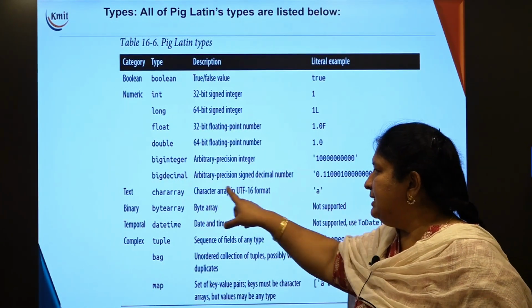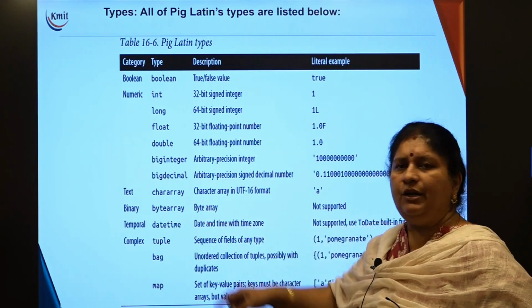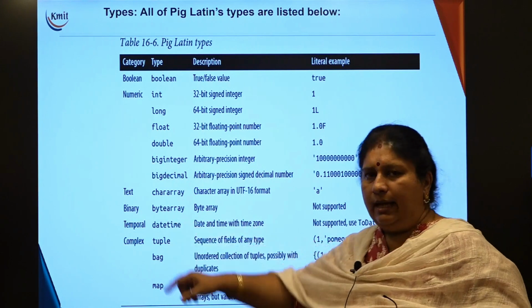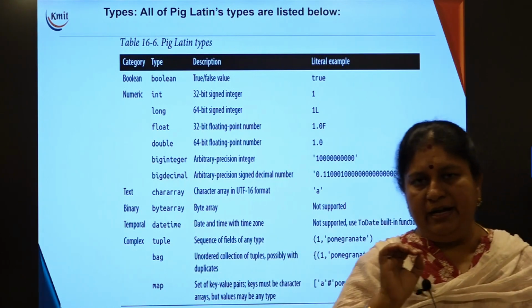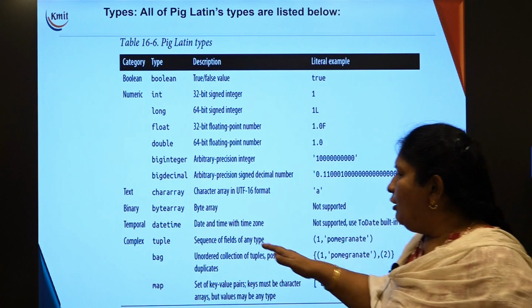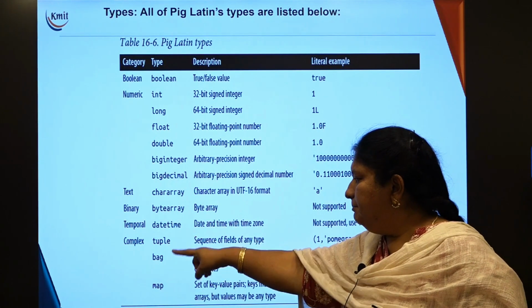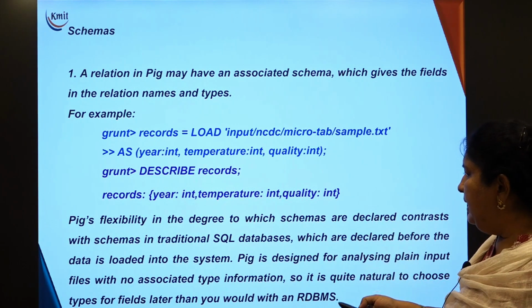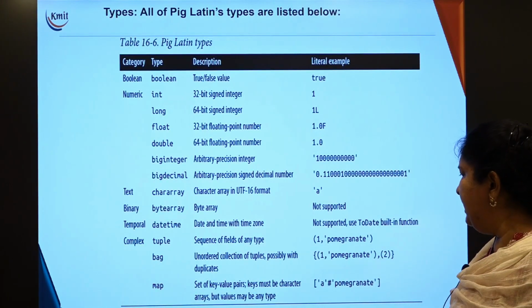And we have text data item, any text item we call it a character array, and binary byte array, temporal which takes care of date and time. Then complex data items like tuple, bag, map. These are some of the data types built into the language.